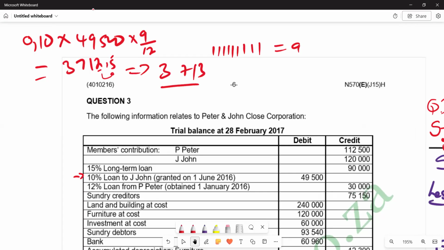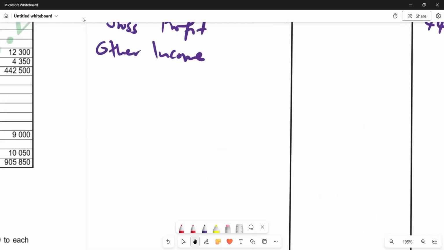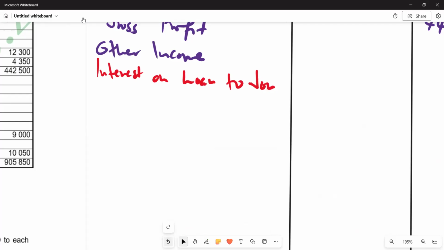So we can just say interest on loan to John, and then we just put our amount there. So we are coming here, and we have our interest on loan to John.